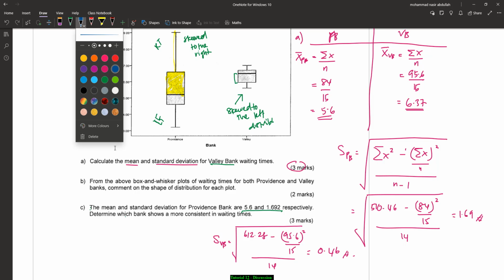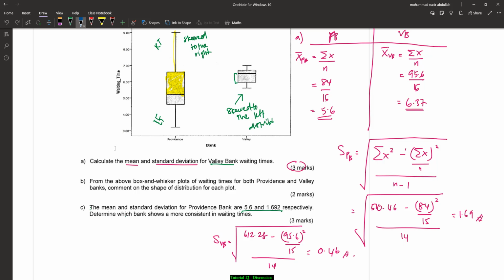So now which bank shows more consistent in waiting times? So we need to do a coefficient of variation lah. So this is a PB and this is a VB. So coefficient of variation CV. So what is the formula for coefficient of variation? S divided by mean or mean divided by S?